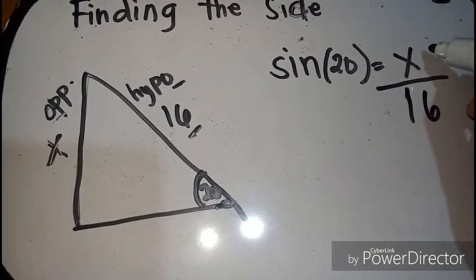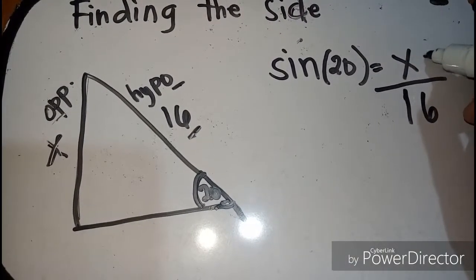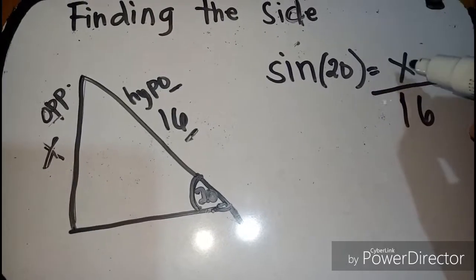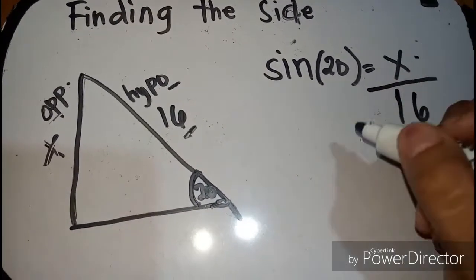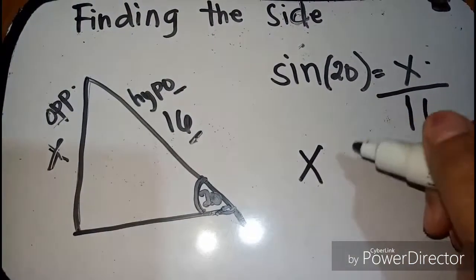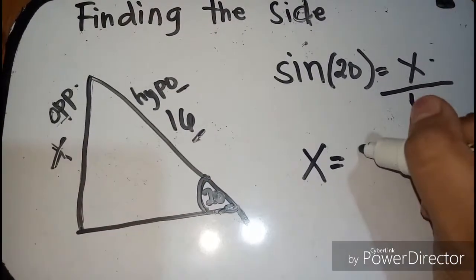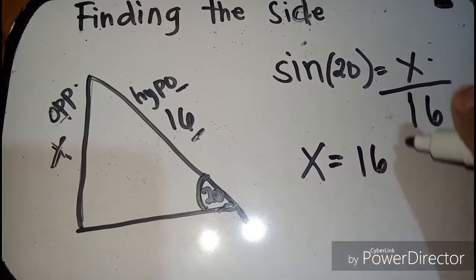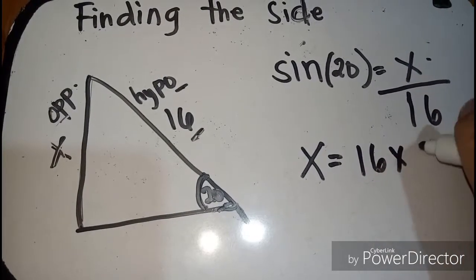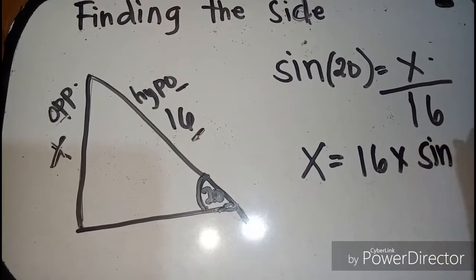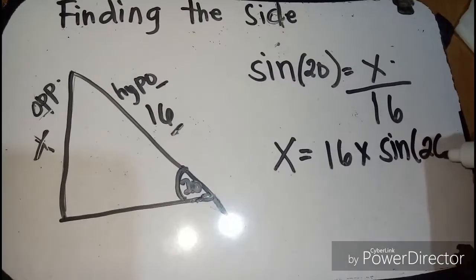The unknown is the opposite, so we're going to rearrange it. So x equals 16 multiplied by sine of angle 20.